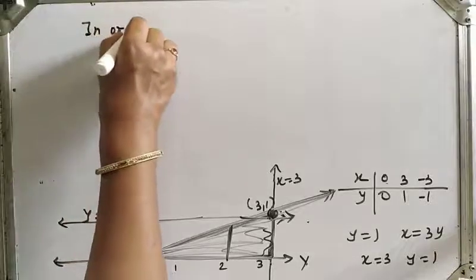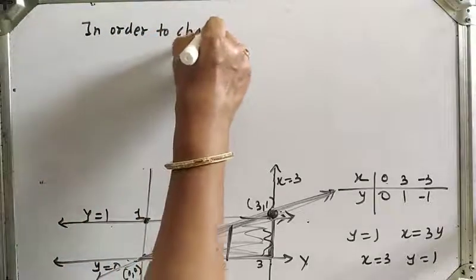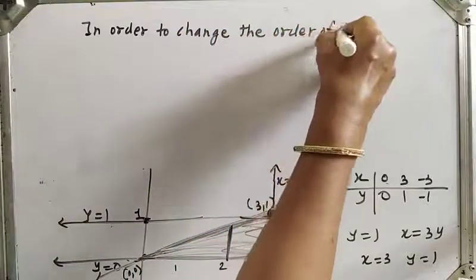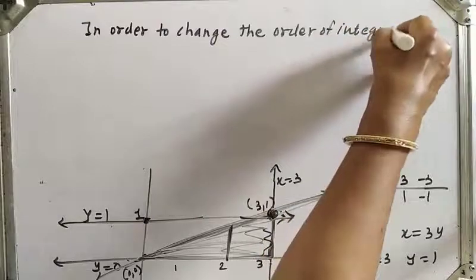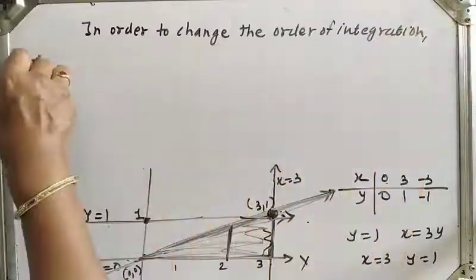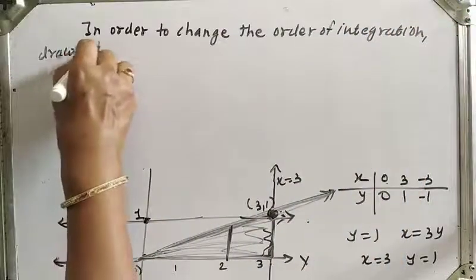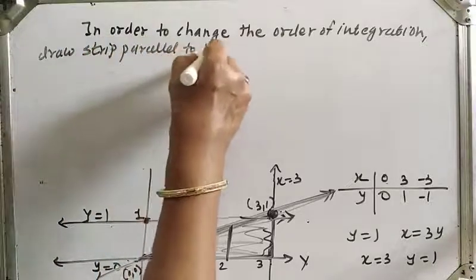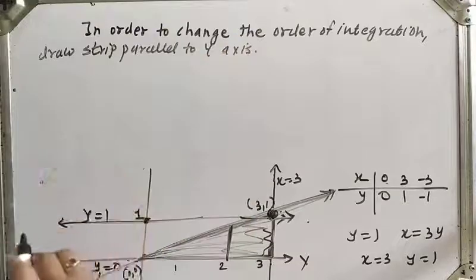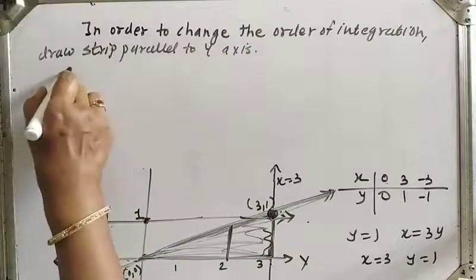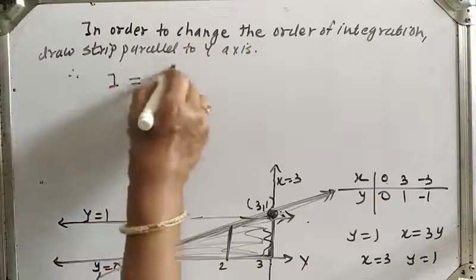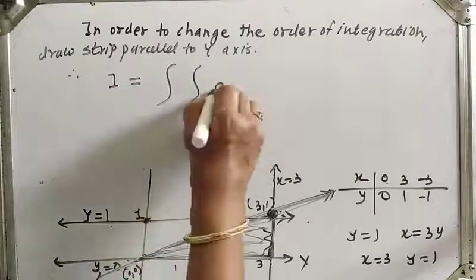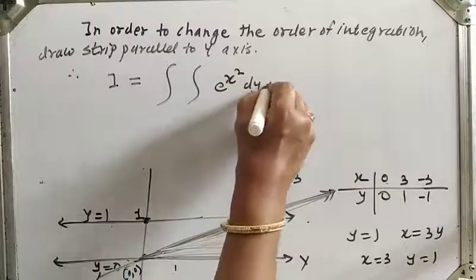In order to change the order of integration, draw a strip parallel to the y-axis. Therefore the given function is e raised to x square dy dx.